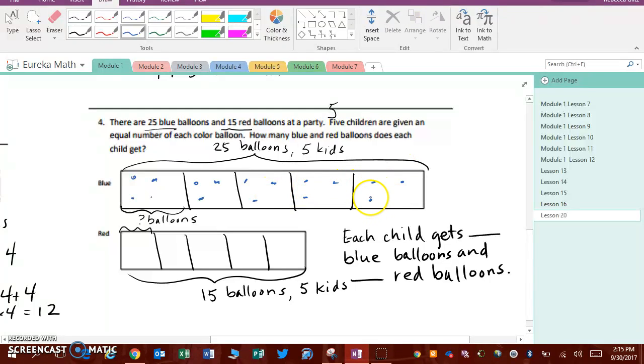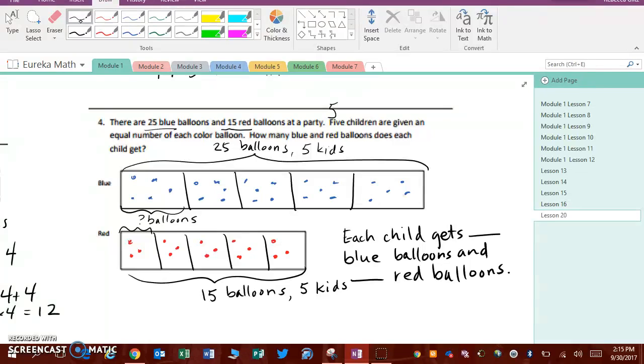Here's my 15th. 16, 17, 18, 19, 20, 21, 22, 23, 24, 25. And then I'll do red for my red section. I've got 15 this time. 1, 2, 3, 4, 5, 6, 7, 8, 9, 10, 11, 12, 13, 14, 15. So I've divided up all of my balloons.